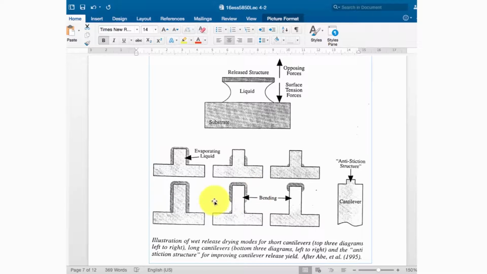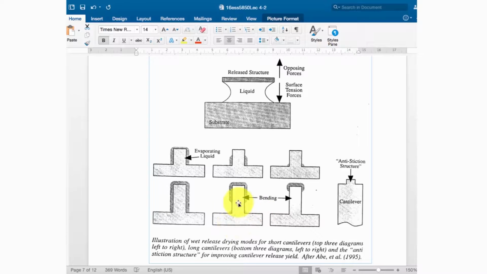So during the drying process, if you have a long cantilever beam, the tip will start to be taken down. Originally you have water filling the cavity underneath the cantilever beam, and during the drying, because the cantilever beam is too long, the tip part will be drawn down by the surface tension of the solution. So you get a thinner space at the tip part than the other part.